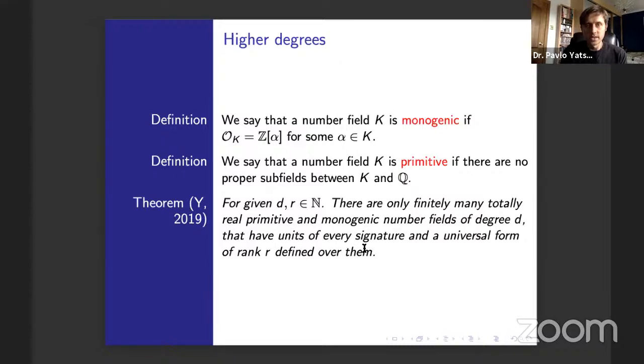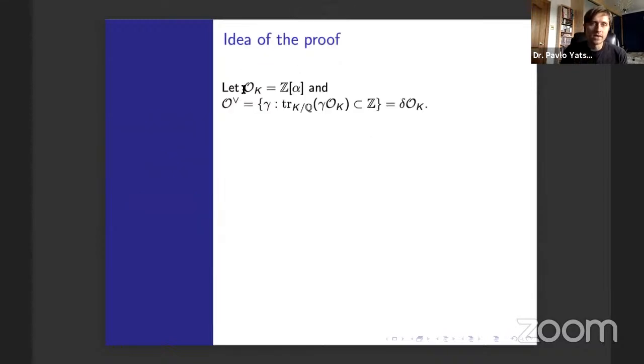And so let me just give you an idea of the proof and why we need these conditions. First of all, if you have a monogenic number field, our ring of integers is Z[alpha]. And then the codifferent of this number field can be represented as some fractional ideal, delta times our ring of integers.